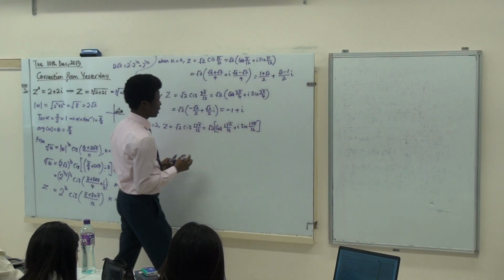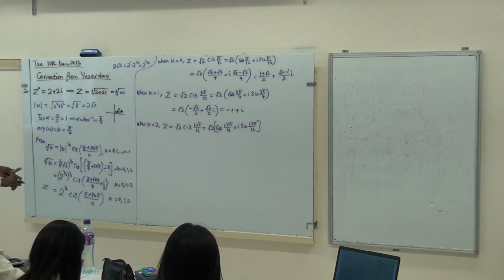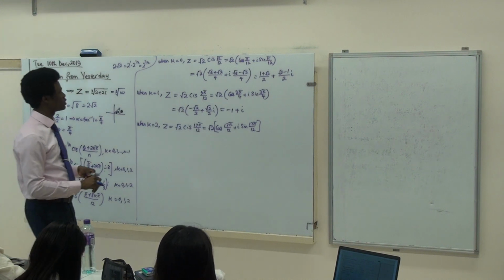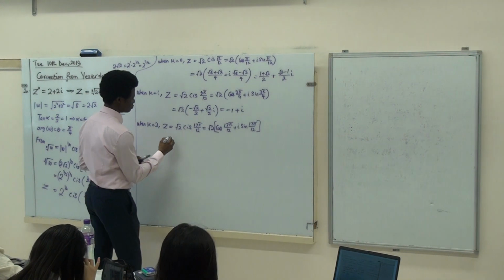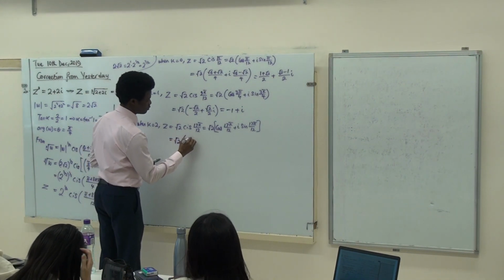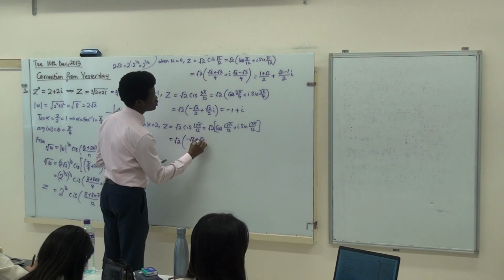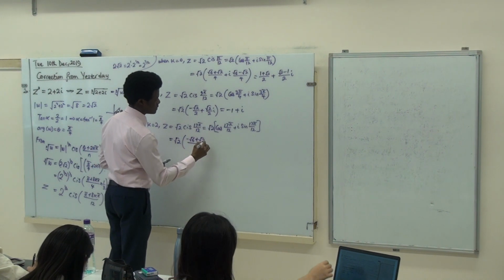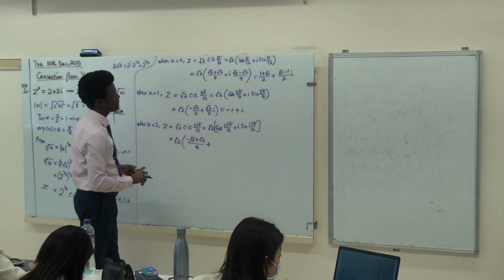So what is cos 17 pi over 12? Negative root 6 plus root 2 over 4. Okay, so let's see: square root of 2 times negative root 6 plus root 2 over 4.